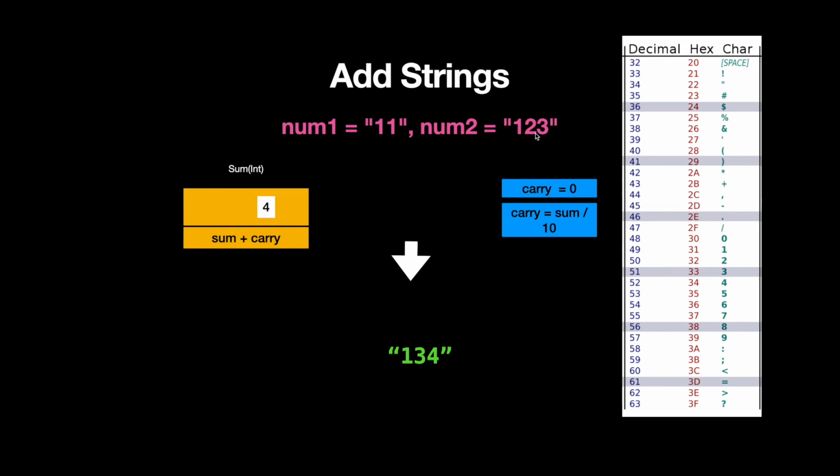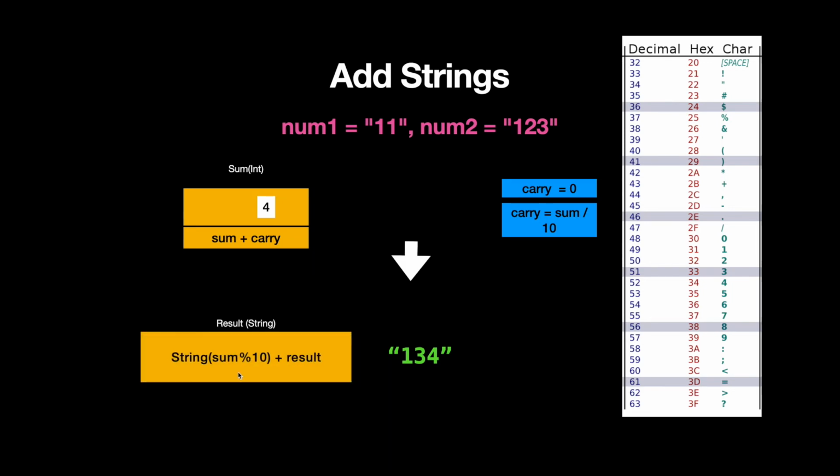So 1 and 2 will be 3, and we will add the carry forward as well, let's say 1. It is exactly the same as how we do our addition, right? Sum divided by 10 gives our carry, that would be 1. Let's say our sum is 16 instead of 4, because 4 doesn't have any carry forward.